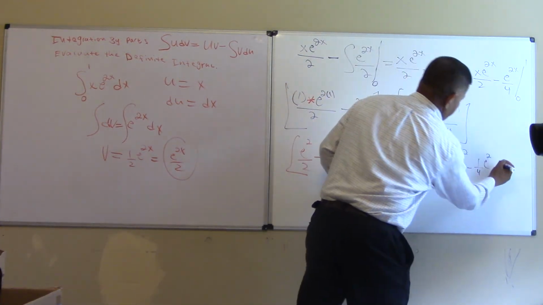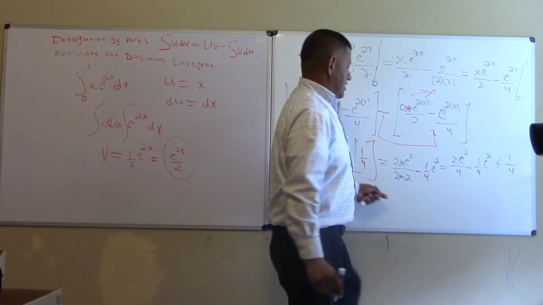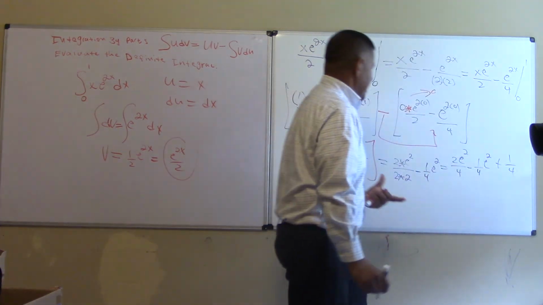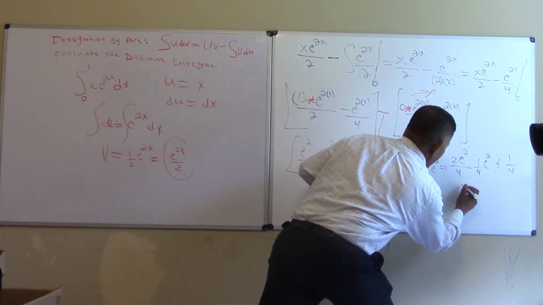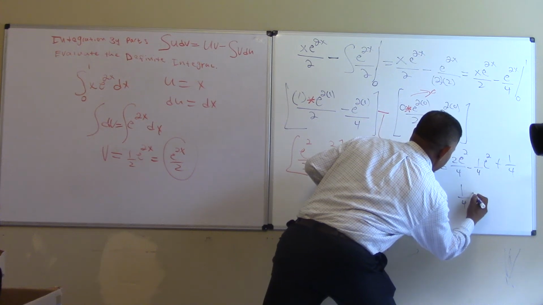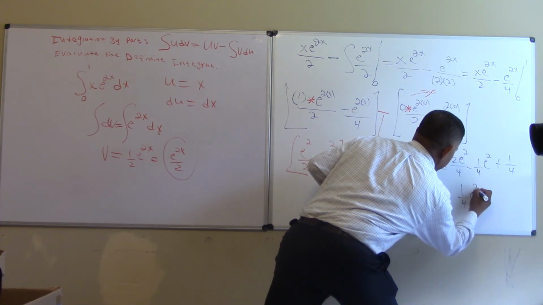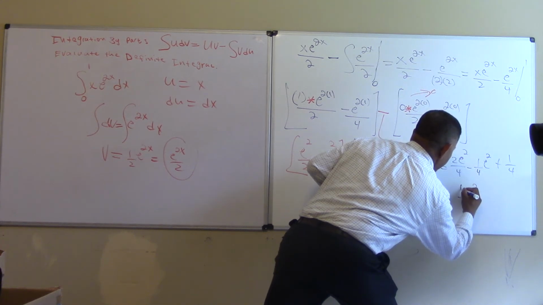Now if I add these two terms, this is going to be simply 1/4 e to the second power.